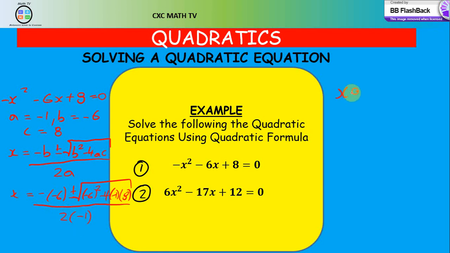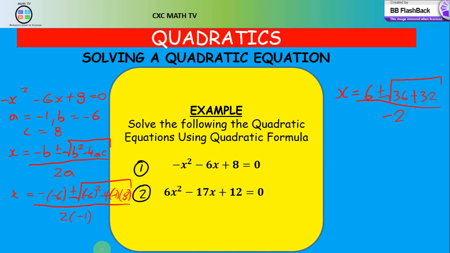So x works out to be negative of negative 6, which is positive 6, plus or minus the square root of negative 6 squared is 36, minus negative 4 times negative 1 is positive 4, and positive 4 times 8 is 32. So minus and minus becomes plus, so this changes to a plus, divided by 2 times negative 1, which is negative 2.